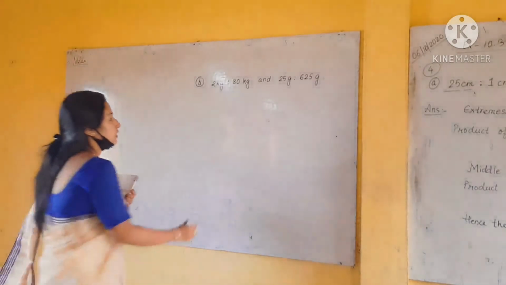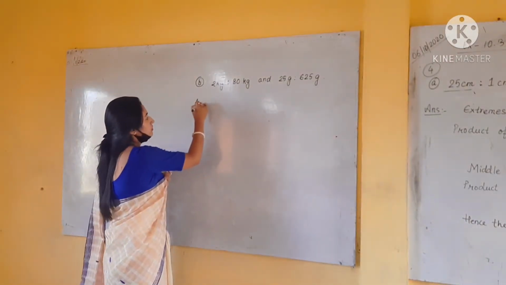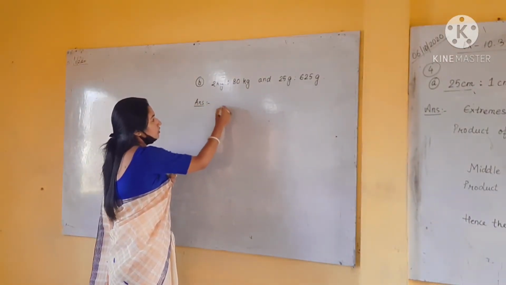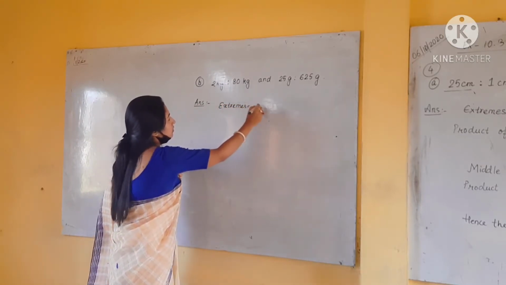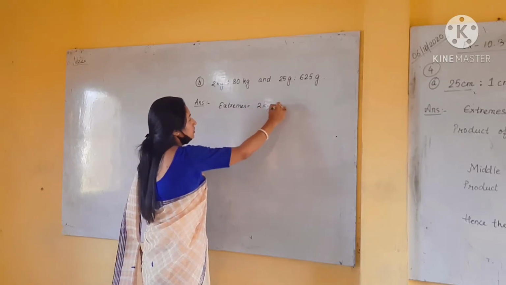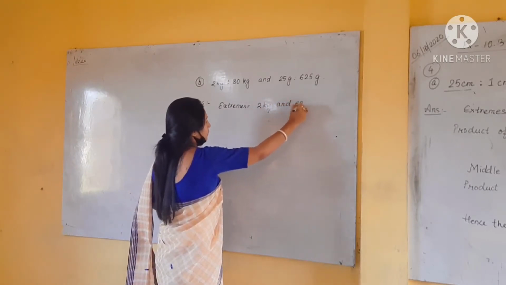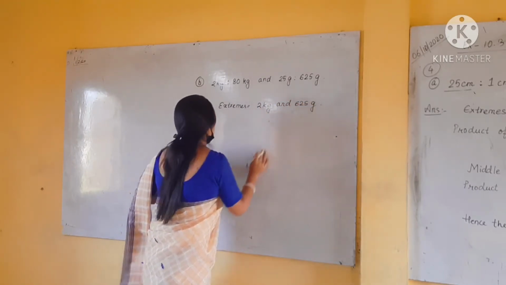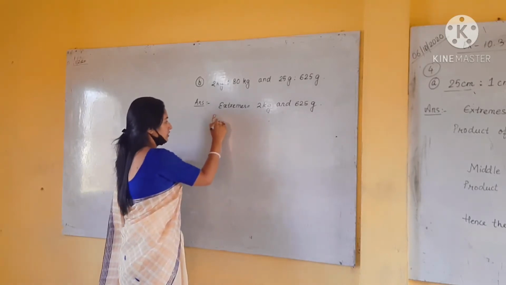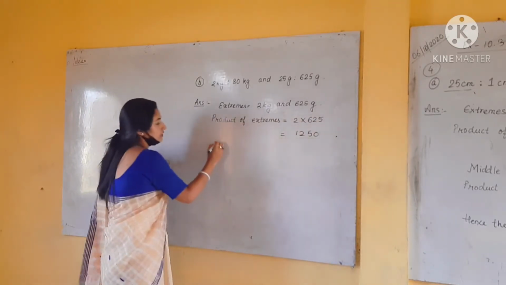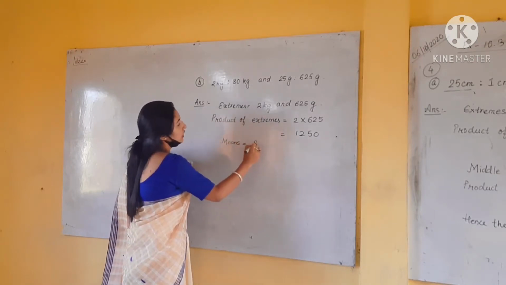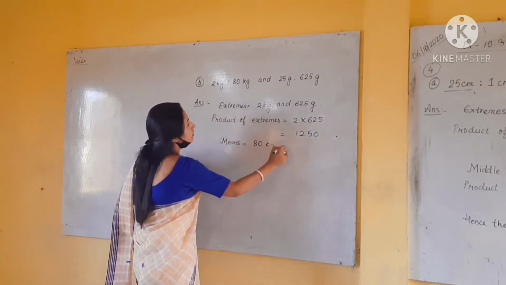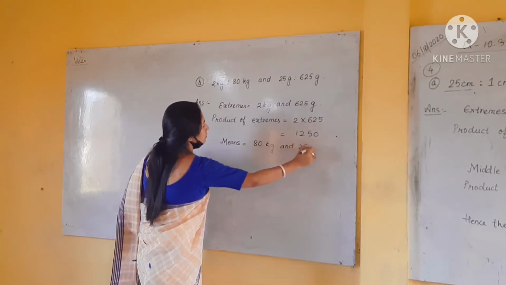What are the extremes here? 2 kg and 625 gram. So the product of extremes. Next is means: 80 kg and 25 gram.